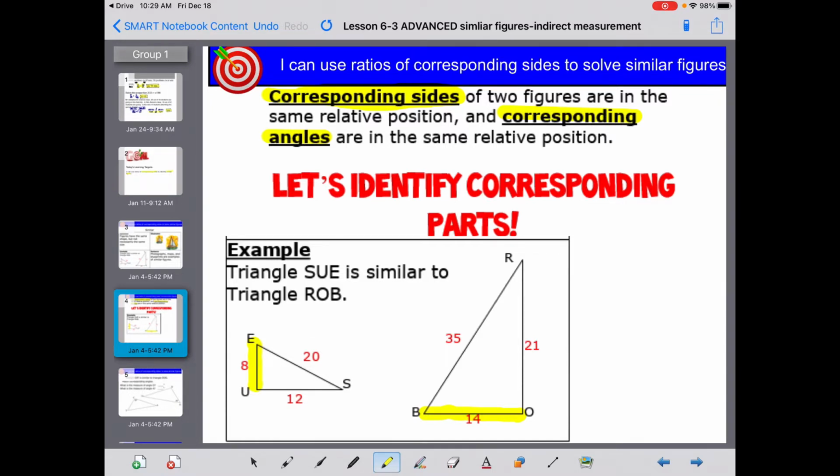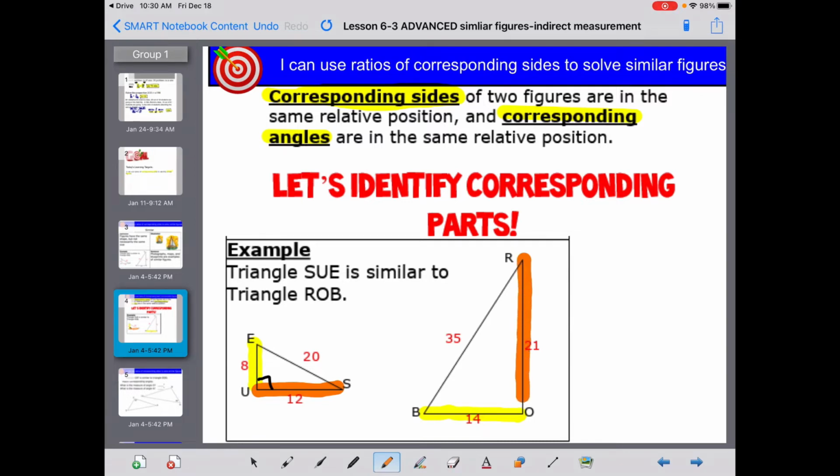Let's try another one. Side SU is the medium side. Notice it also makes up that 90-degree angle right here. So which side on the other triangle matches? Well, it would be the other medium side.